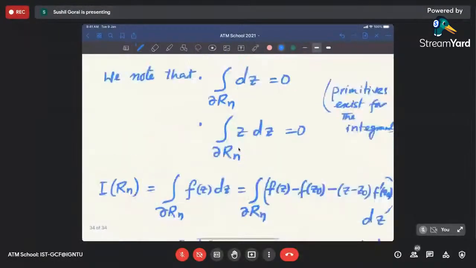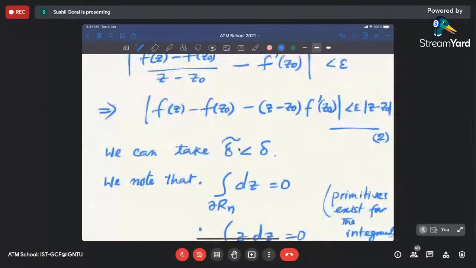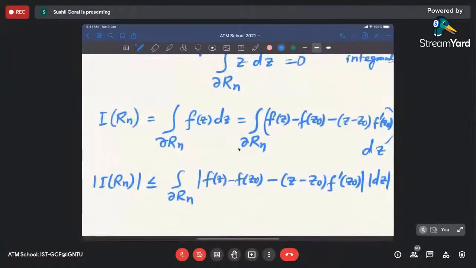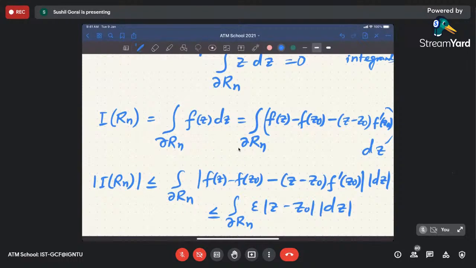Now this one we have estimate 2. So this one is less than or equal to integration over del Rn of epsilon times mod z minus z naught, mod dz. All right. Is this fine till now? Yes, sir.